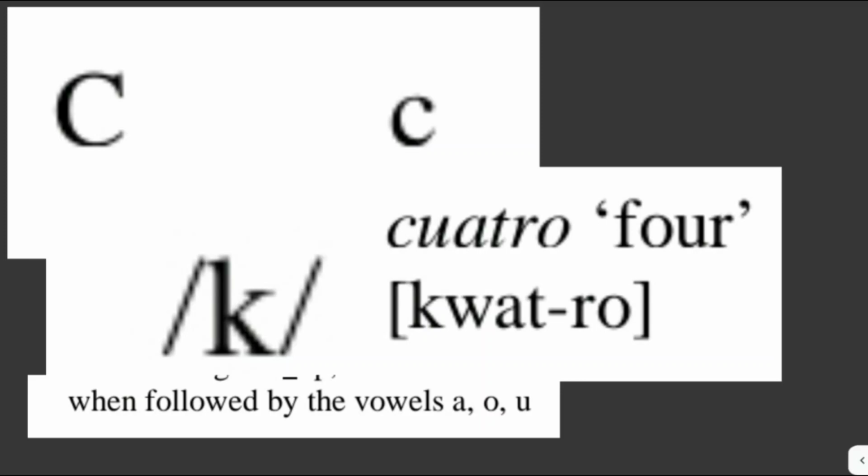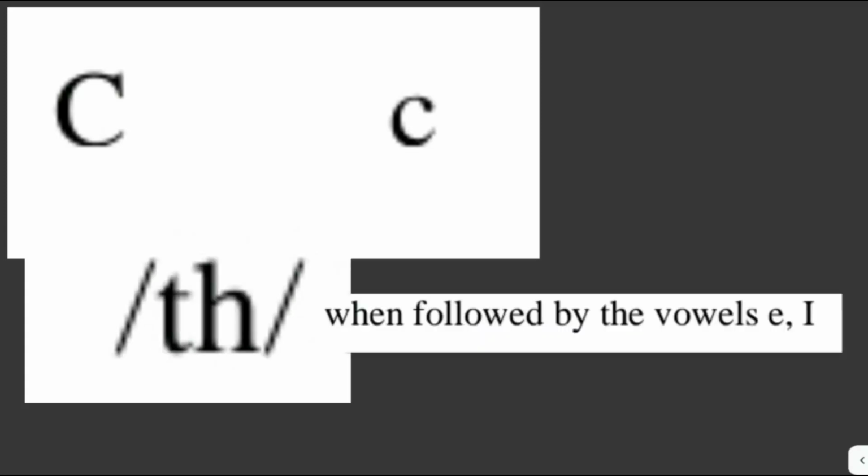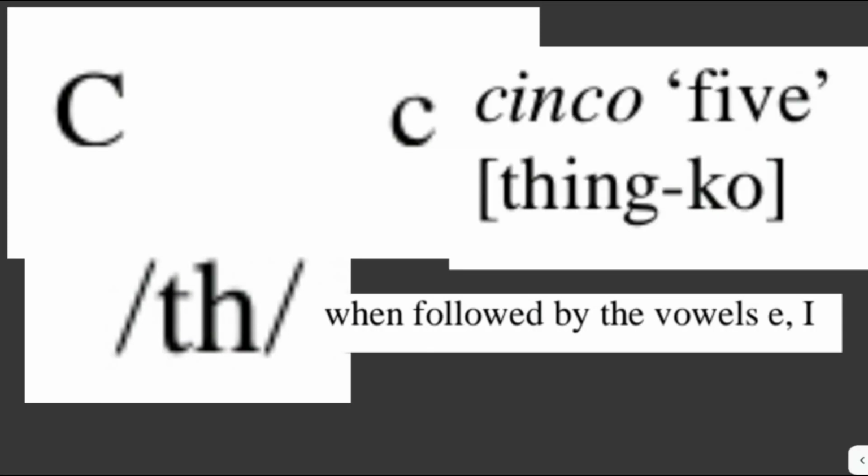And another way to pronounce C is when it is followed by the vowels E and I. So we pronounce C as tha when followed by the vowels E, I, as in cinco, cinco, which means five. You don't pronounce this as kinko, but it's thinko, cinco.